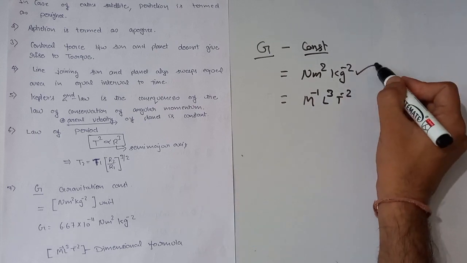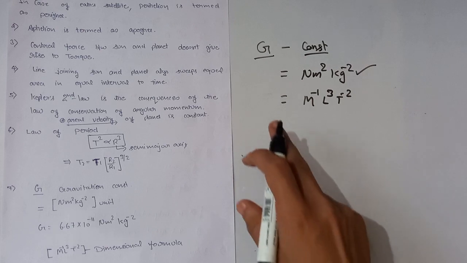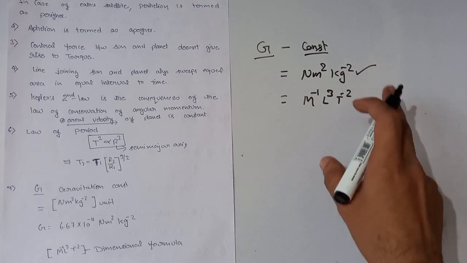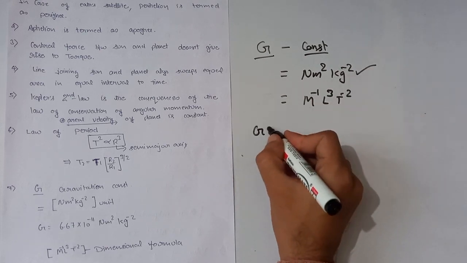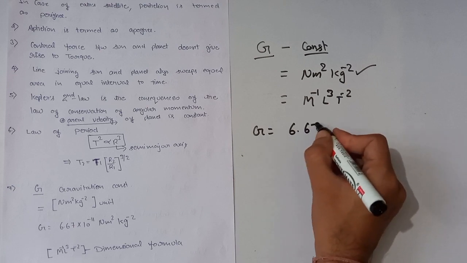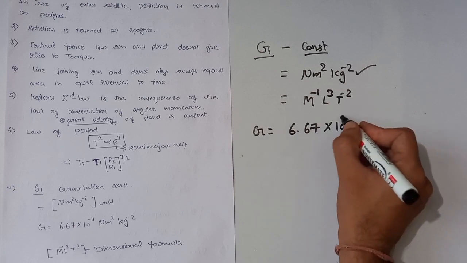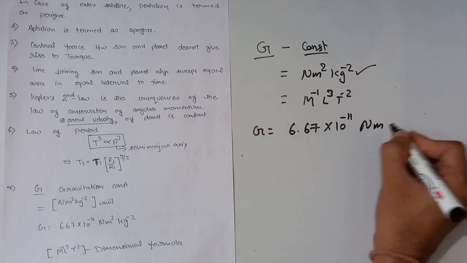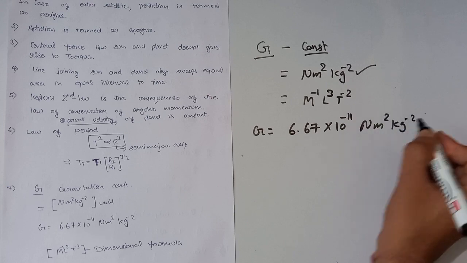The value of this gravitational constant is 6.67 into 10 raised to power minus 11, and the unit is Newton meter square kg minus 2.